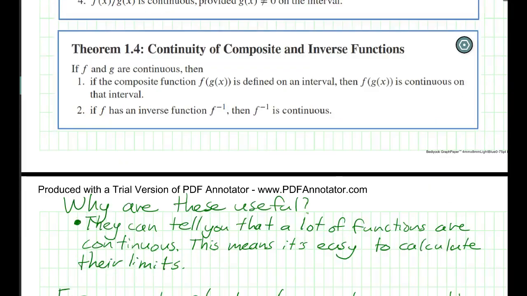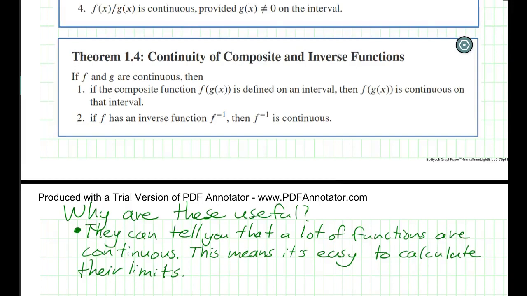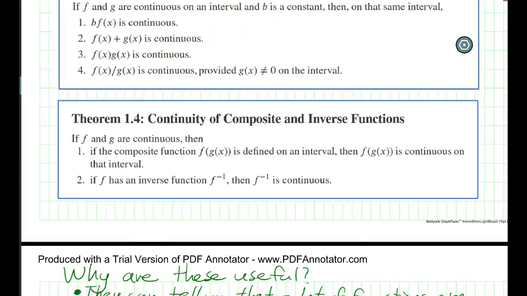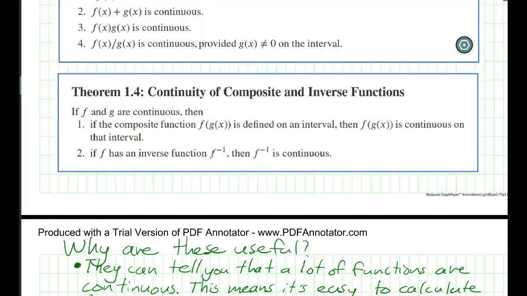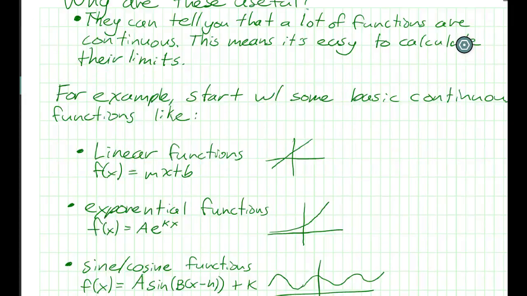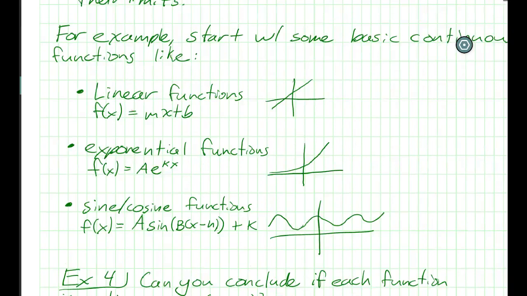And what's nice about knowing that functions are continuous is that it's easy to calculate their limits, because to find the limit of a continuous function, you can just plug in the thing. So you don't actually have to think about values of f of x near c. You can just find f of c, and it's going to be equal to that if your function is continuous there.